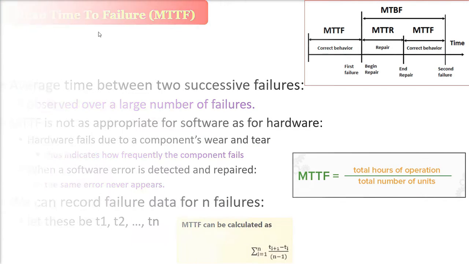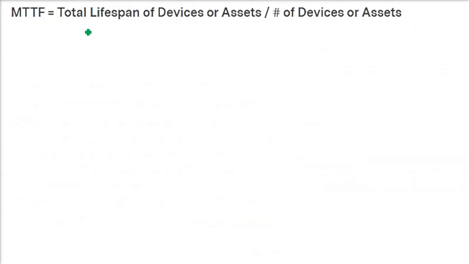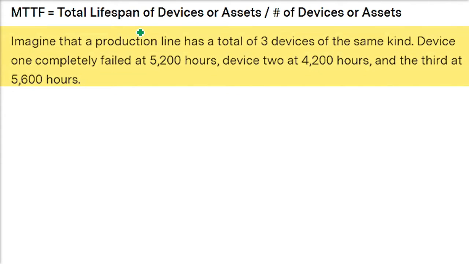Mean time to failure. Let us take an example to understand this. We need the total lifespan of our devices, and how many devices, to divide by. Imagine that a production line has a total of 3 devices. So the number of devices or assets is 3, and they are of the same kind.